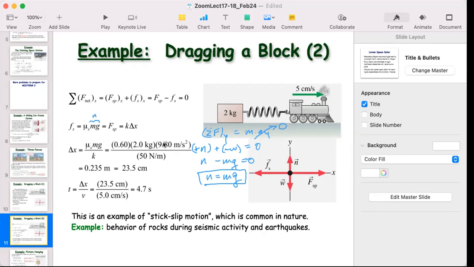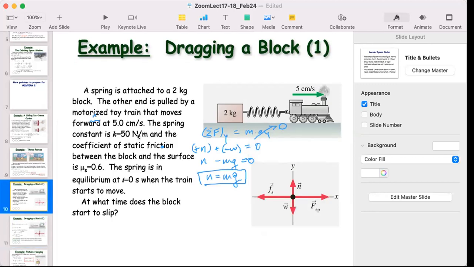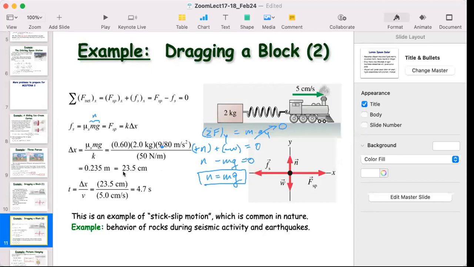Oh, this says 9 divided by 80, but it's a mistake. This is 9.8 meters per second squared. And then K is 50 Newton per meter. Okay, so if I do all this calculation, I come out with delta X equal to 0.235 meter, which means 23.5 centimeters.